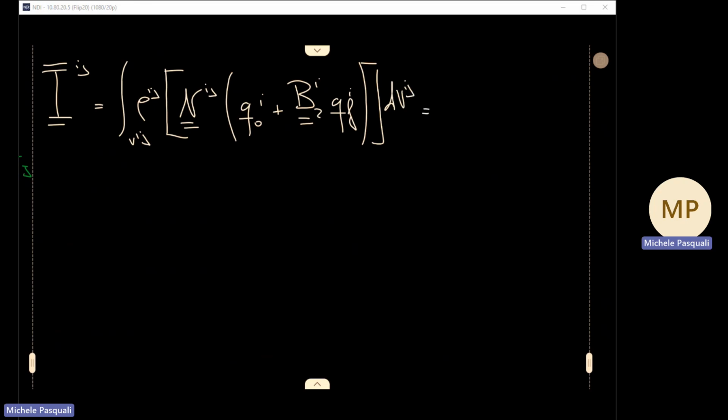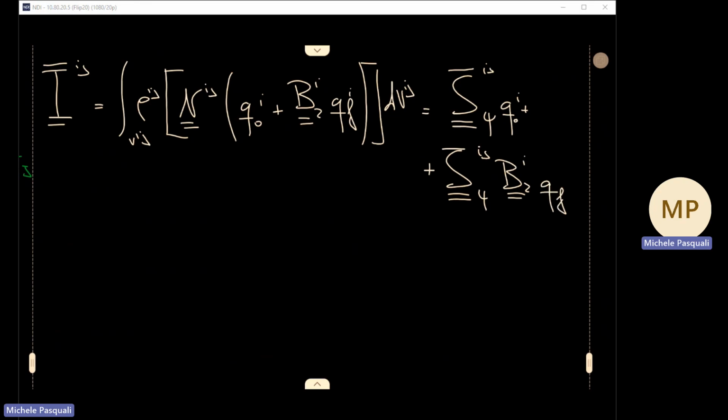And this can be written as S, the matrix S over bar Ij psi, applied over Qi, 0, plus S psi over bar Ij, again, applied over B2i, Qfi.